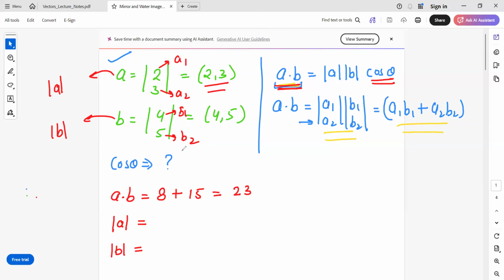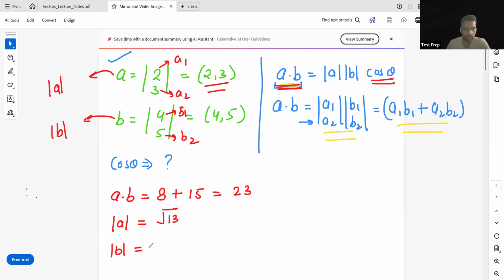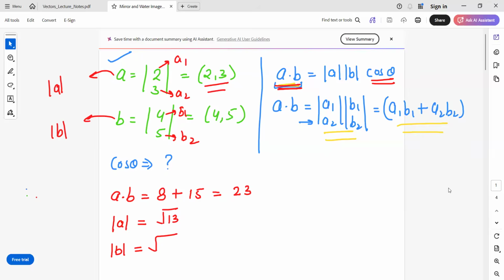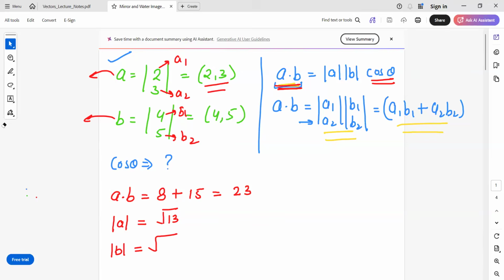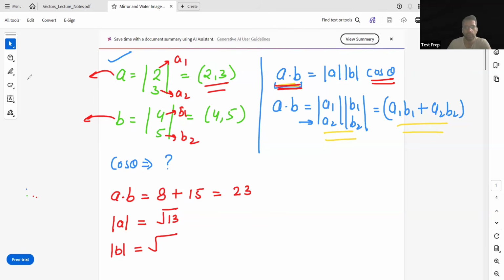Root 13 for A, and root 41 for B. Yes, root 13 is right, but 49 is not. Under root A, how to find the magnitude of A? Right, it is under root 13 and then 41.